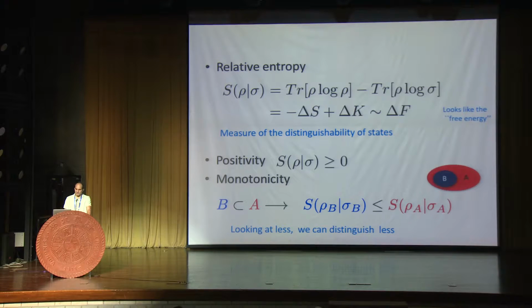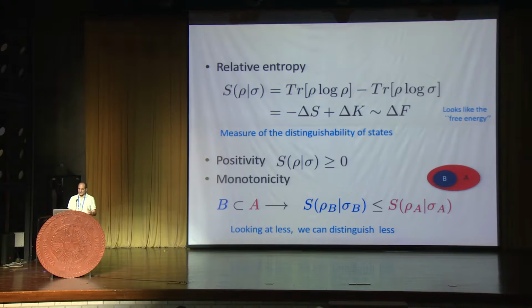And then the other non-trivial property is that it's monotonic. If B is a subsystem of the system A, then you can restrict both density matrices to the subsystem B, and we can call those rho B and sigma B. Then the relative entropy of those two density matrices is less than the one for the original density matrices describing the system A. This inequality is saying that if we restrict the operator algebra, so we look at fewer operators, then we can distinguish these two density matrices less.